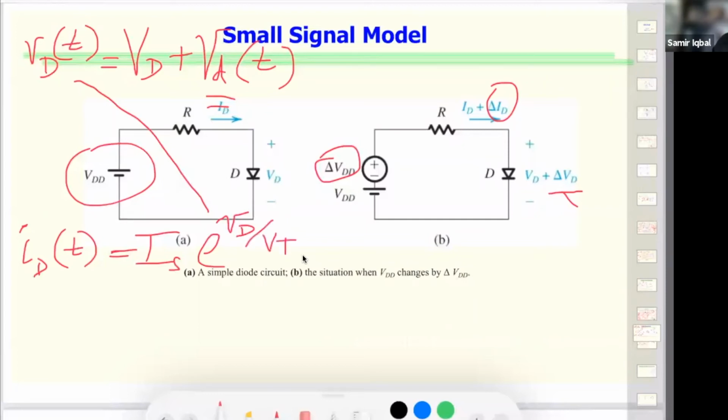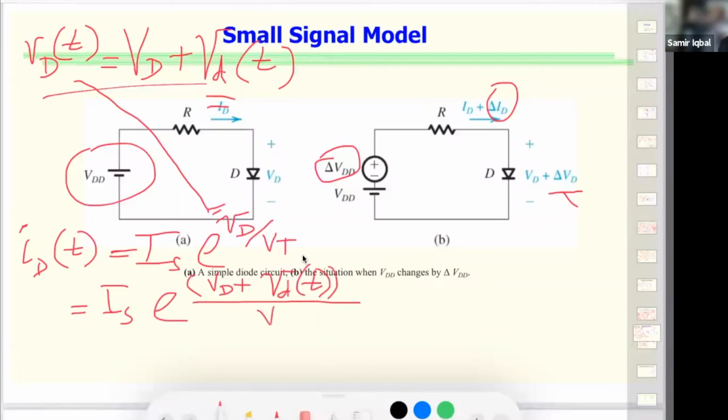Everybody knows what VT is: threshold voltage, a temperature dependent parameter, 25 millivolts. Then if I put my VD in this exponential, it is going to be expanded just a little bit. So it's going to be IS e to the power of capital VD plus small vd(t), all divided by VT. So it's all in the exponential.